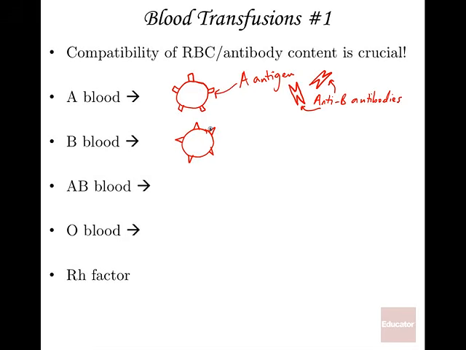By the way, there would be a lot more antigens than what I'm drawing, but I can't draw that in this particular instance. I'm just keeping it simple. So this is actually a B antigen, different shape, different kind of conformation, different molecular shape than this particular antigen here.